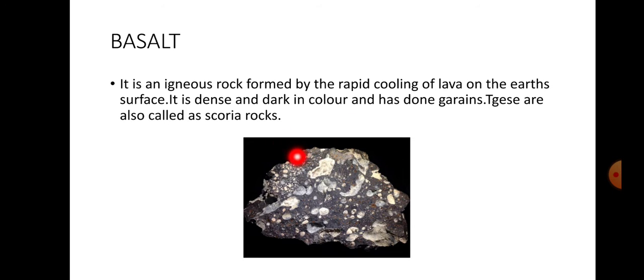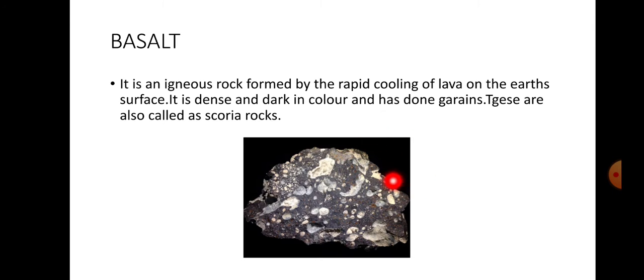You can see in the picture that this stone is dark in color, and you can even find this picture in your textbook. It has fine grains, with small grains present inside. The edges of this rock are very sharp.